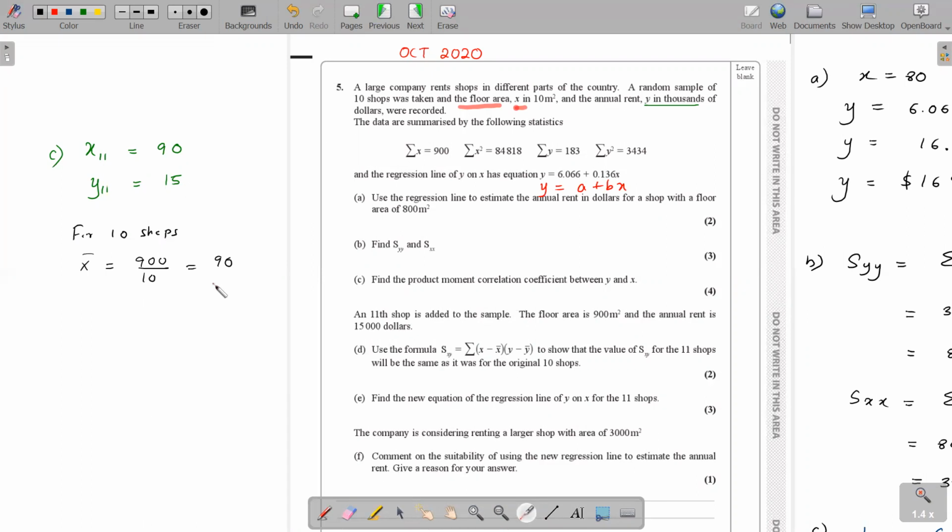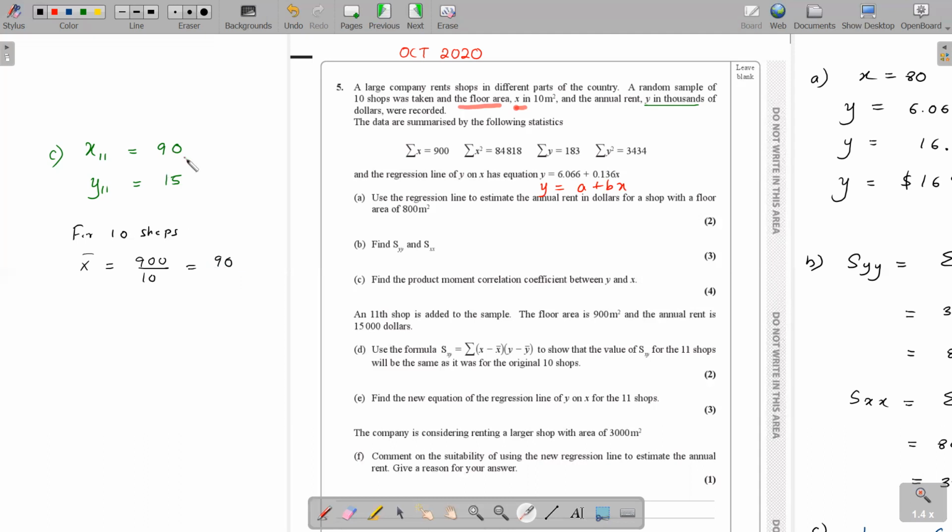You should be aware that when you are adding a new variable to an already existing set of data, and that new variable is equal to the mean of the previous set of data, then adding that new variable will not make any difference to the mean of the new data set. For example, the mean of the 10 shops is 90.